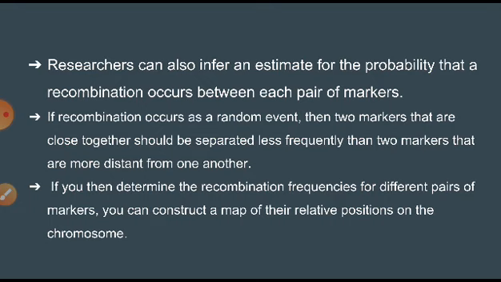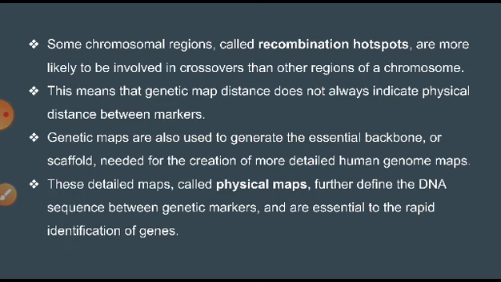If recombination occurs as a random event, then two markers that are close together should be separated less frequently than two markers that are more distant from one another. Already discussed about it. If you then determine the recombination frequencies for different pairs of markers, you can construct a map of the relative positions on the chromosome. Like that, if you know this, you can make a map.